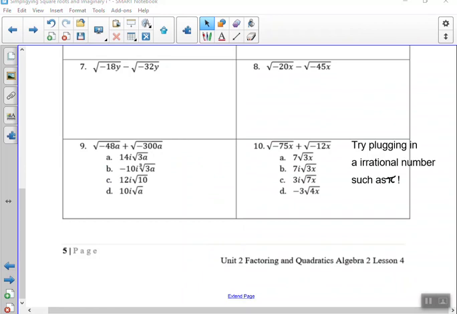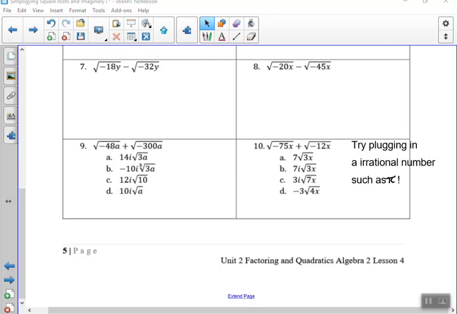You can plug in pretty much any number actually, but if you plug in regular numbers like 0, 1, 2, 3, you'll end up getting the same answers in here. So what I want you to do is plug in an irrational number such as pi. Pi is an irrational number. In other words, it is a weird number, okay? So watch how I do this in my calculator and follow along.